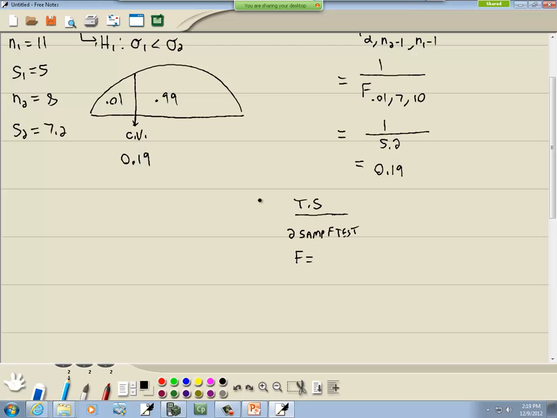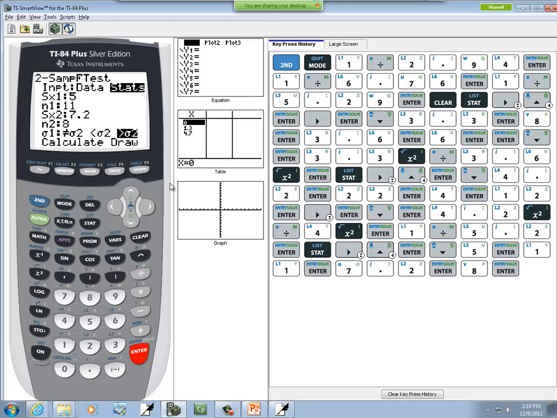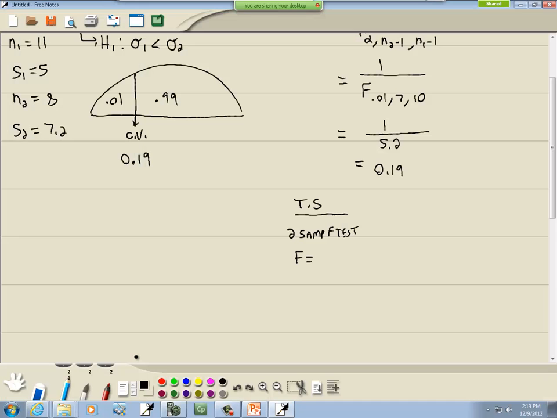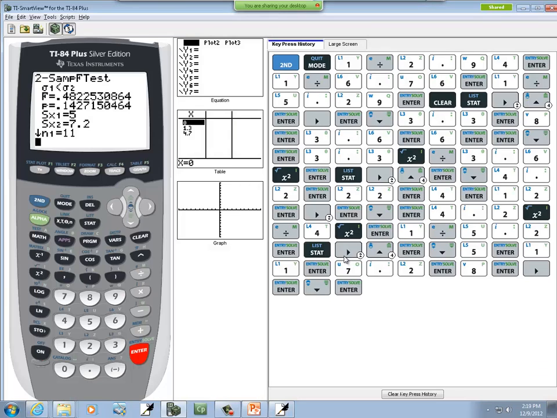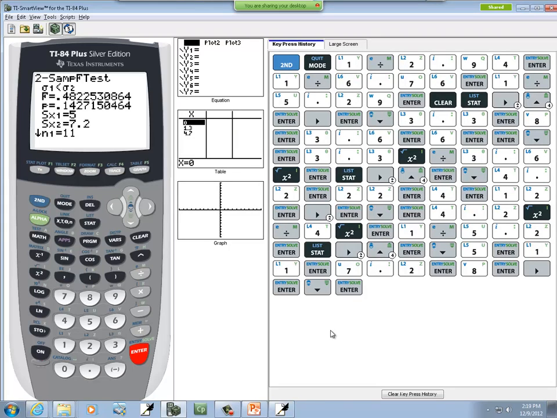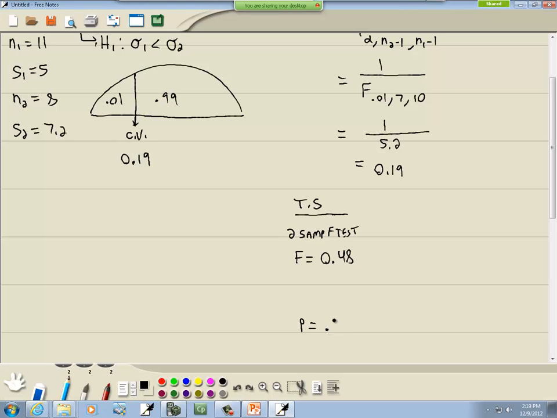The symbol on H1 was a less than, so I arrow over to the less than, press enter on it to highlight it, down arrow to calculate, and press enter. And we get 0.48. I'll write down the p-value because we'll come back to it shortly. The p-value is 0.1427. I made these numbers up. It seems like every p-value we've done with these examples has been larger than alpha, but oh well.